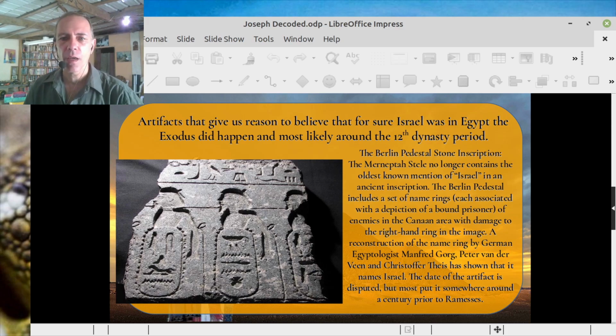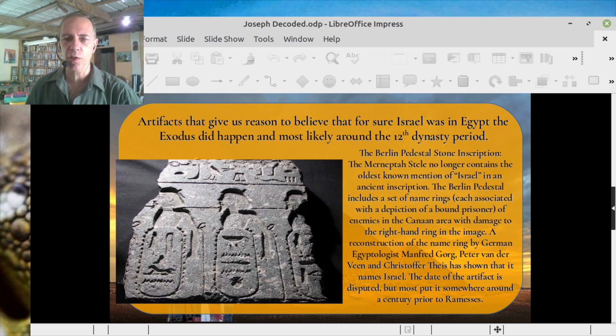And so the Merneptah stela no longer contains the oldest known mention of Israel in an ancient inscription. The Berlin pedestal includes a set of name rings, each associated with a description of a bound prisoner, of enemies in the Canaan area, with damage to the right hand ring in the image.